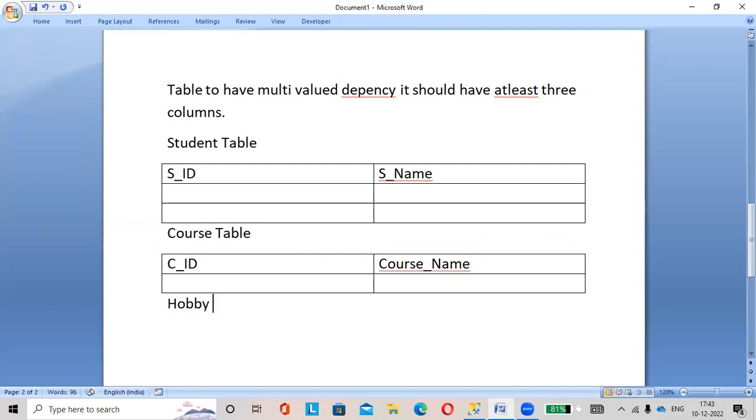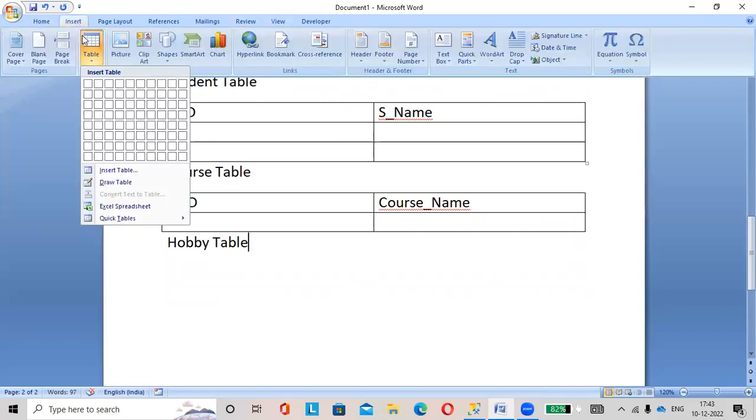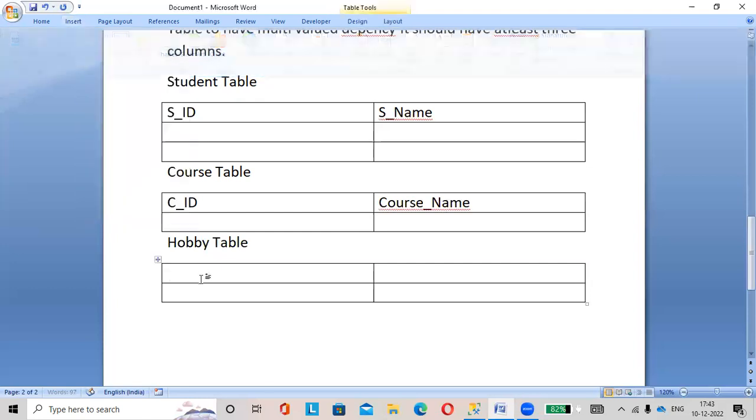Then hobby table: student ID and hobby name. Now here multi-valued dependency has been removed. Now the relation satisfies the 4th normal form.